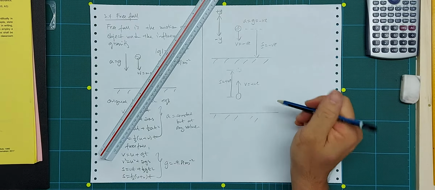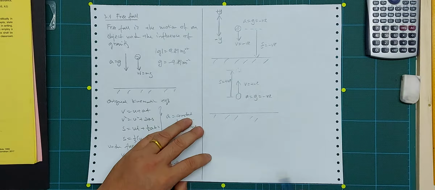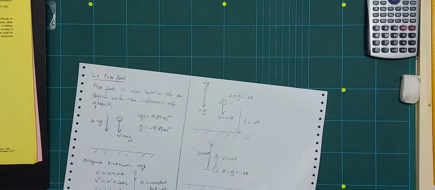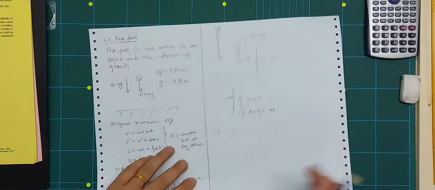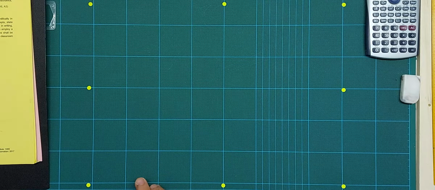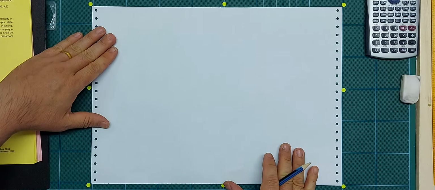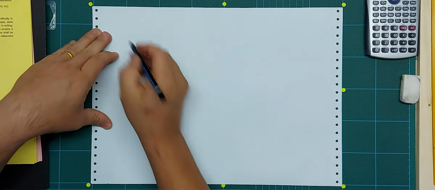Okay, so we look at a few examples on how to solve the problem here. This is our page number 4. Example on free fall. That is example 1. First, start with example 1.